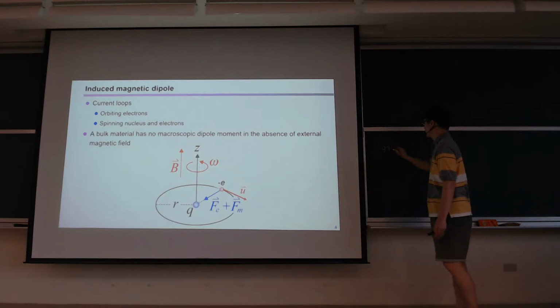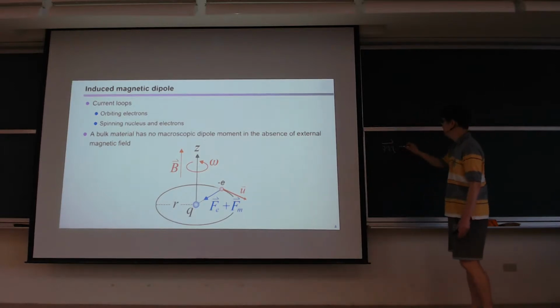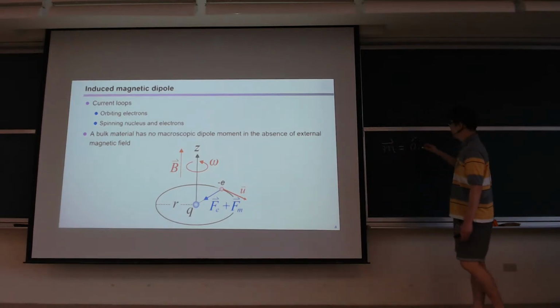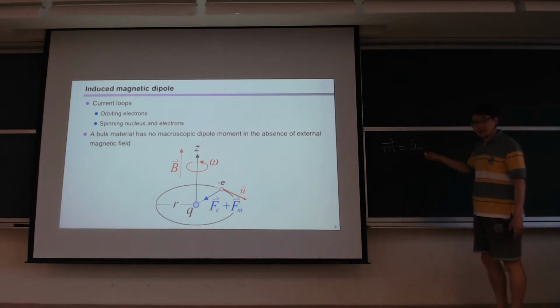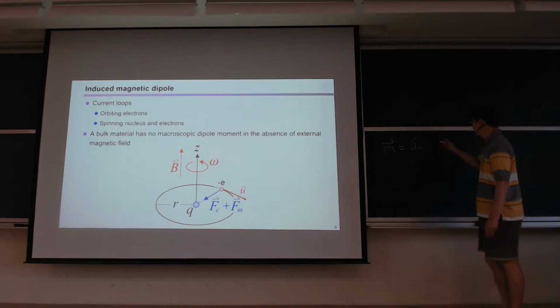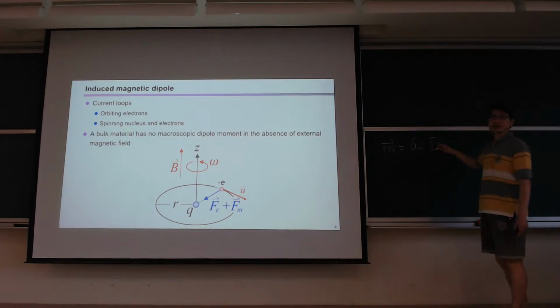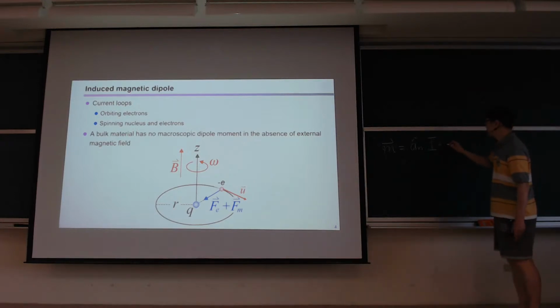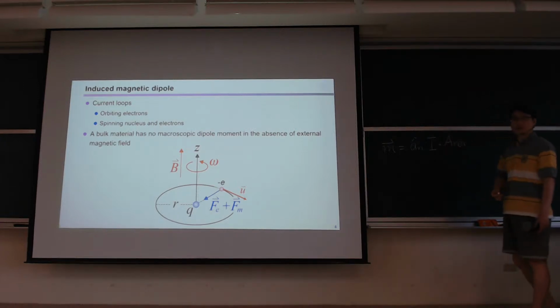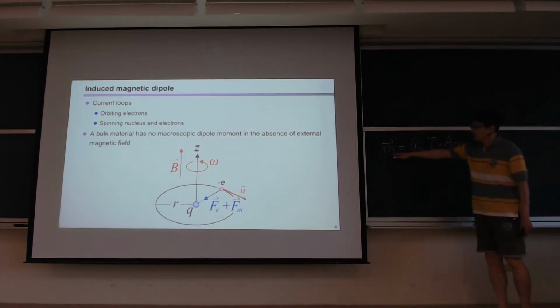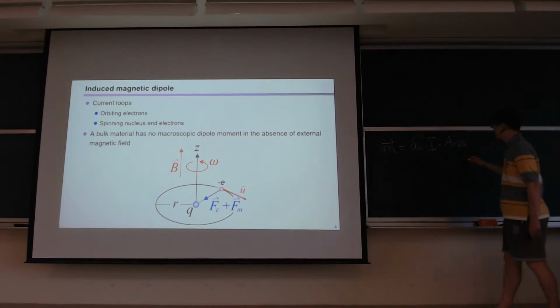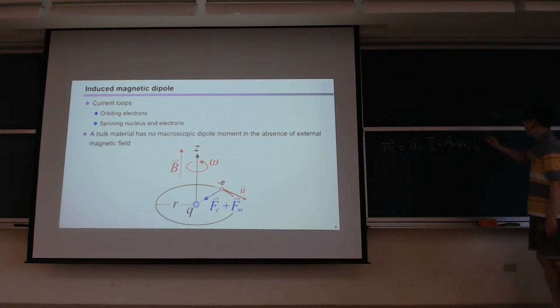Basically, your magnetic dipole moment, which is a vector, is in the surface normal direction using the right-hand rule, and then you have the amount of current times the area. Right? So basically, if you have a magnetic dipole moment, the unit is amp times meter squared. Okay.